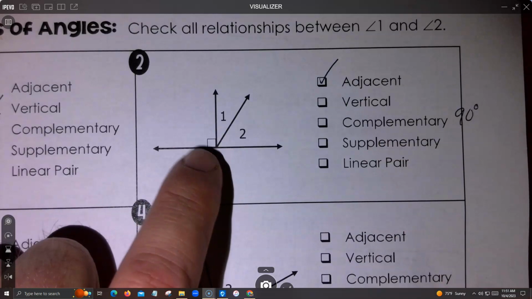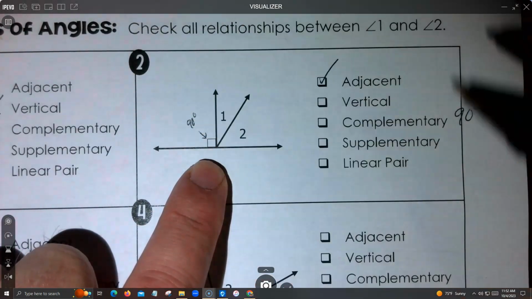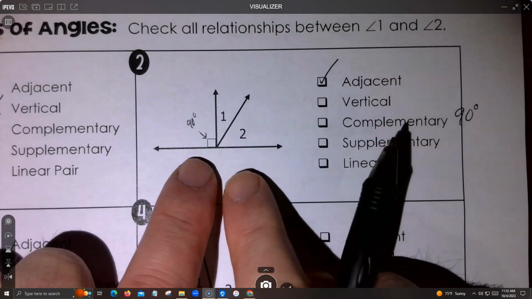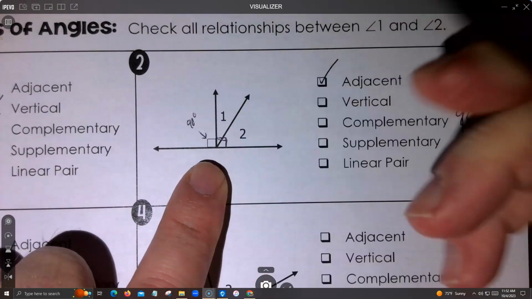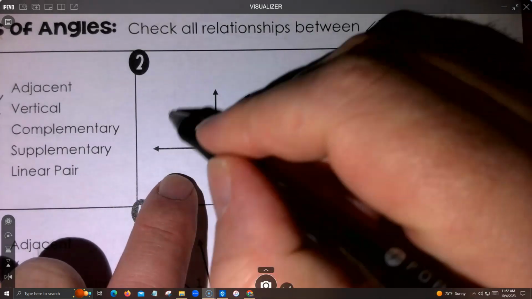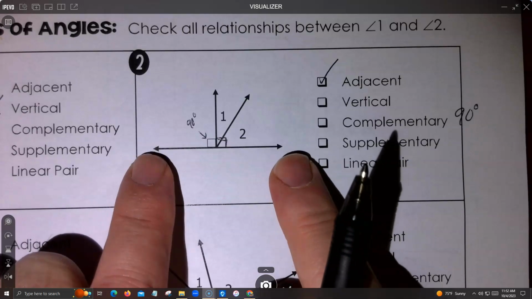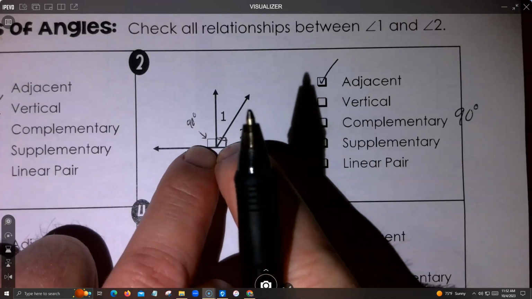I don't know if you remember from the notes, but this is a 90-degree angle. So therefore, because this makes a straight line, this has to be a 90-degree angle as well. Okay, because these two angles, 90 and 90, make 180. Remember, we're talking about a straight angle. It's 180 degrees. So that's 90 plus 90 is 180.